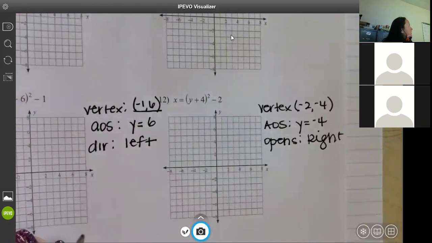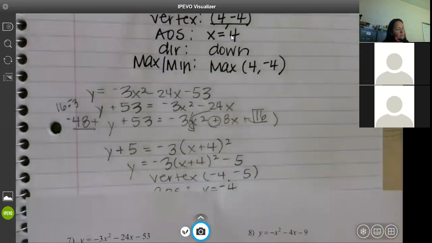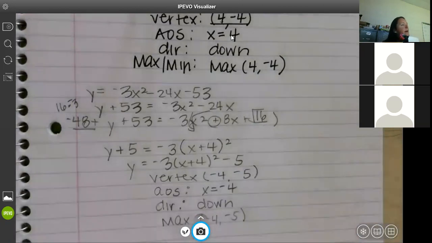Any questions so far? Pretty simple, right? All right, they are not going to ask you for your max or min on this at all. If you're talking about a max or a min on this, your max would be where it changes from increasing to decreasing, and there's not really one on there.